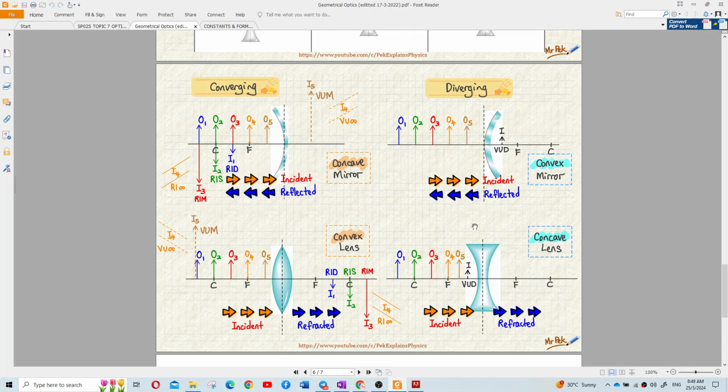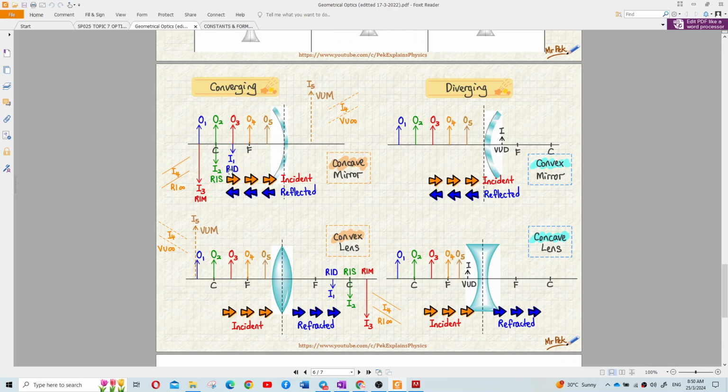Okay, so for lens, the virtual image is formed at the front. See that? Virtual image at the front here also. Why is the virtual image in front? Because the light already go to the other side. So here at the front, no light. So the light cannot form real image on the screen at the front for lens. So boleh tengok tak mirror dengan lens dia terbalik.